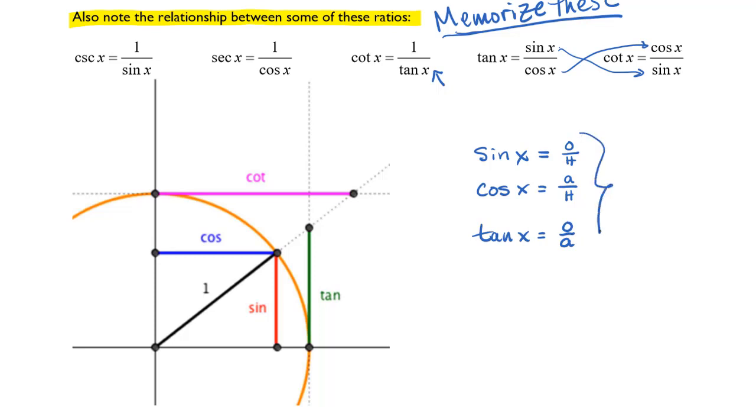So this is going to sound a little silly, but you'll hear something called SOHCAHTOA trig. So this is sine opposite over hypotenuse, cosine is adjacent over hypotenuse, and tangent is opposite over adjacent.